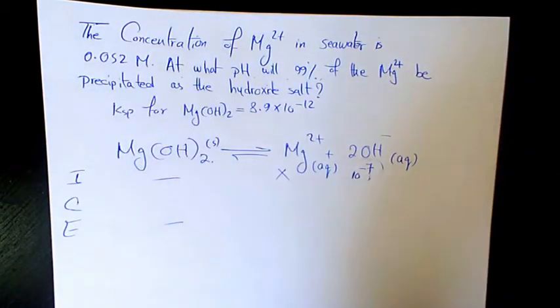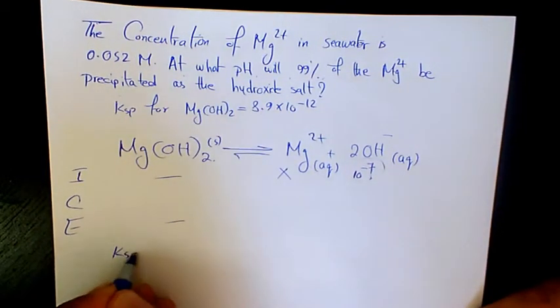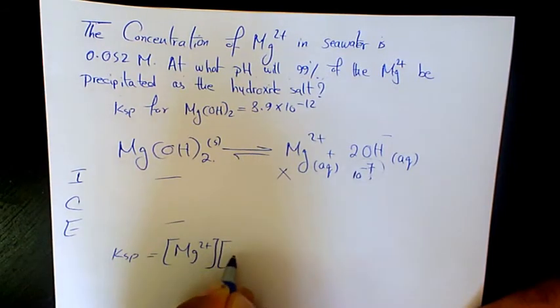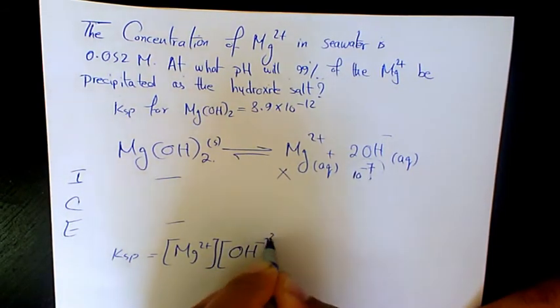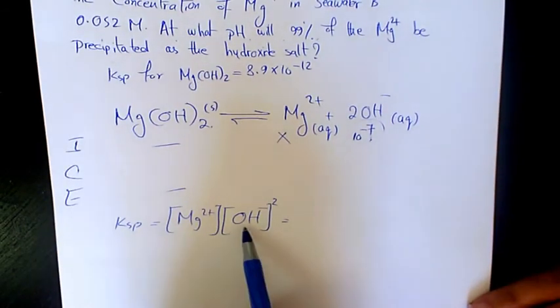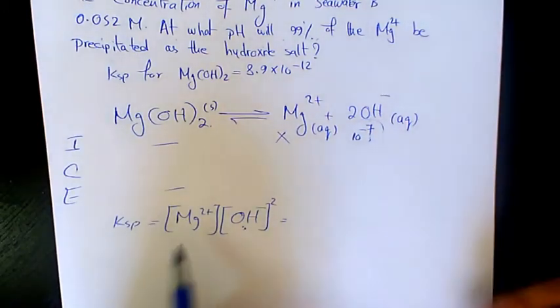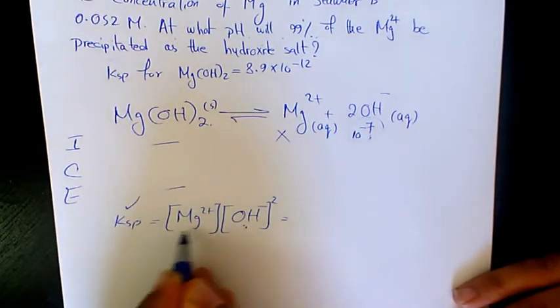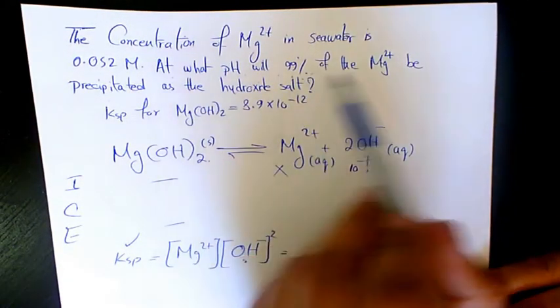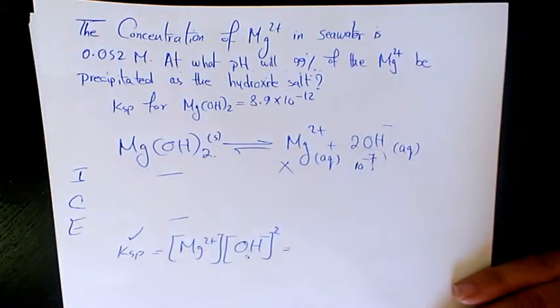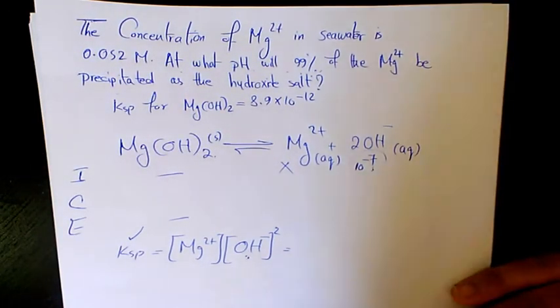So KSP is going to be Mg2+ times OH- to the power of 2. We need to find the concentration of OH, and based on that we can find the pH. So what should we write for Mg? It says 99% of Mg has to be precipitated. It means that only 1% of it is going to remain dissolved.